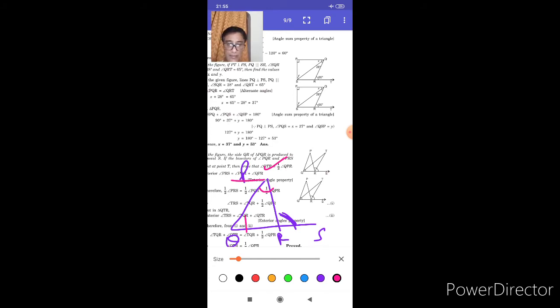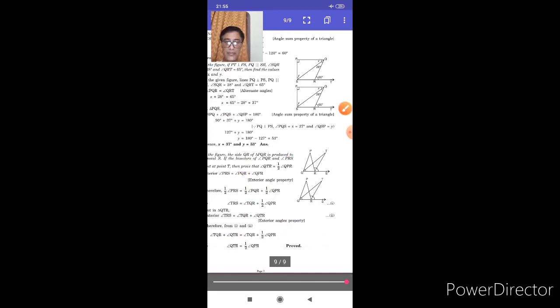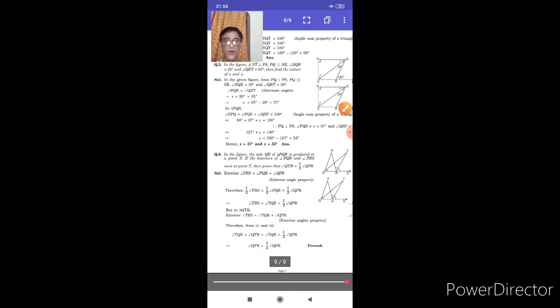Okay student, clear? Now we multiply this whole equation by 1/2, left hand side and right hand side, both sides by 1/2. So what we get: 1/2 PRS equals 1/2 PQR plus 1/2 QPR. Okay, and now 1/2 PRS, what is it here? 1/2 PRS means TRS.